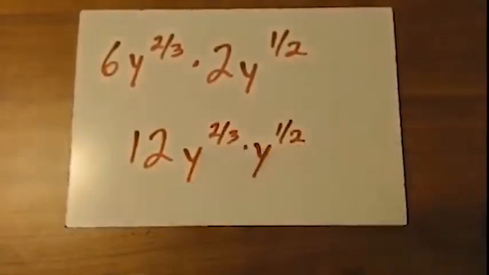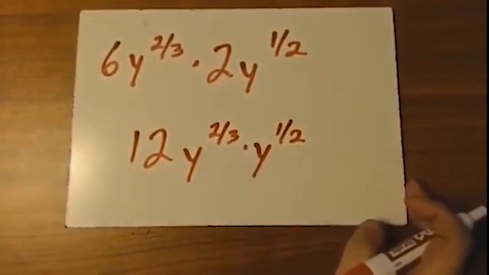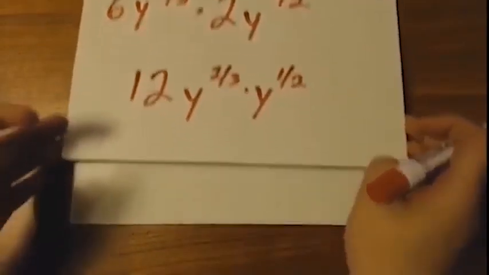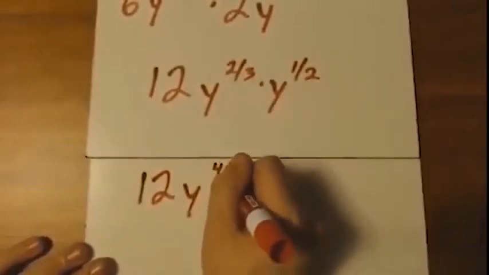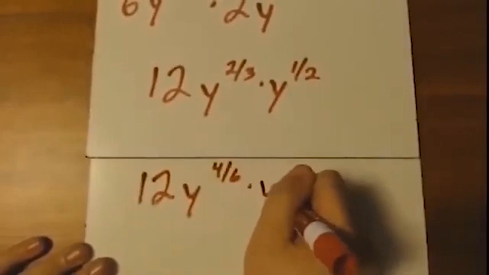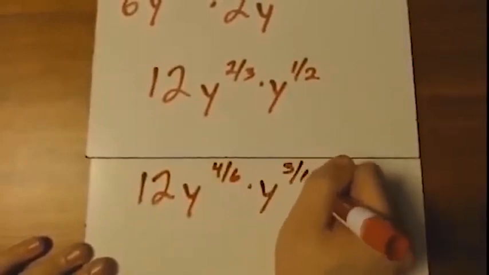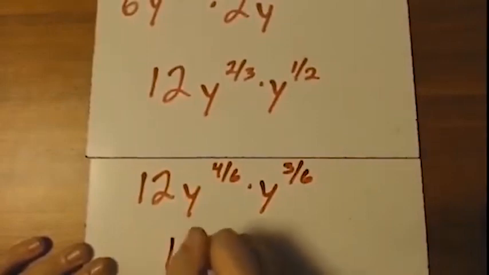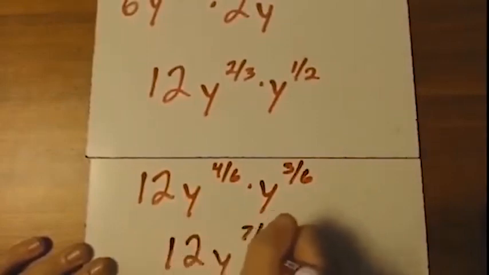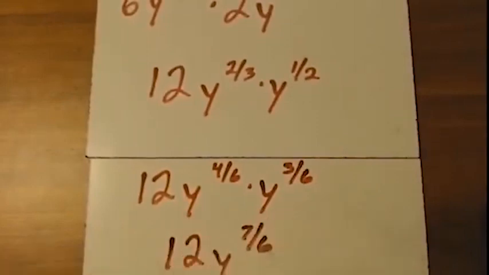We need to add those exponents. In order to add fractions, we would need a common denominator. That's going to be 6. So this is y to the 4/6 times y to the 3/6, which is 12y to the 7/6.